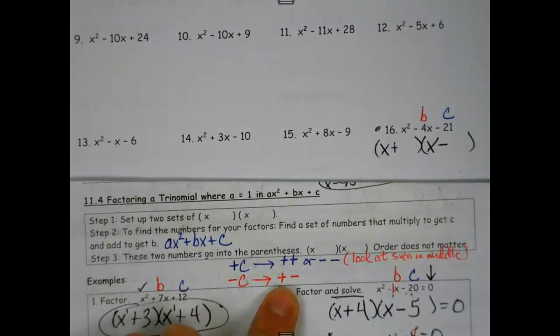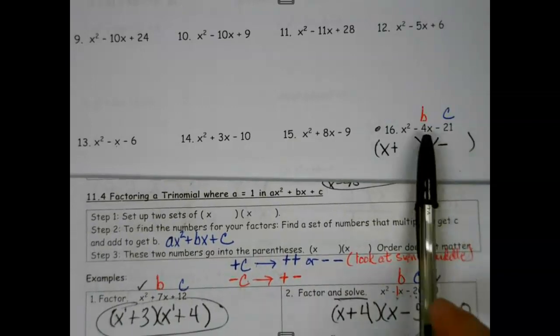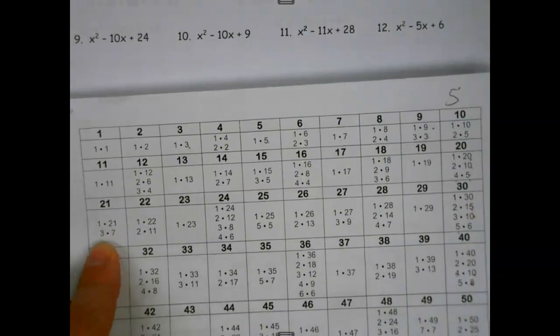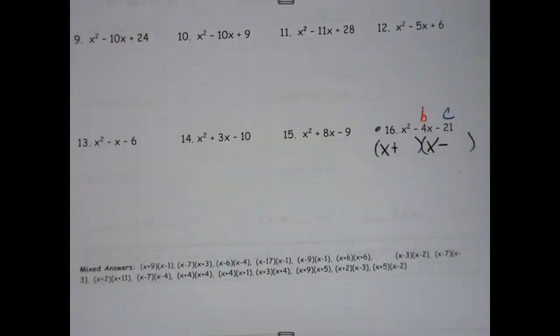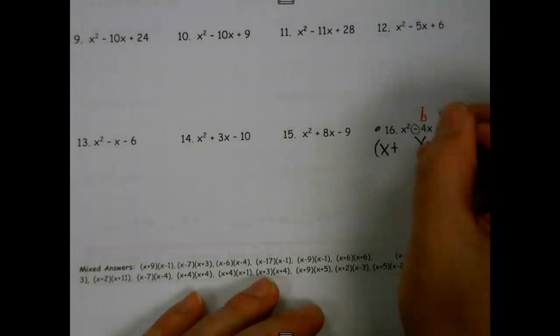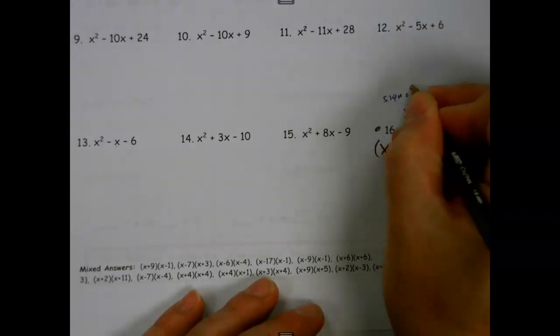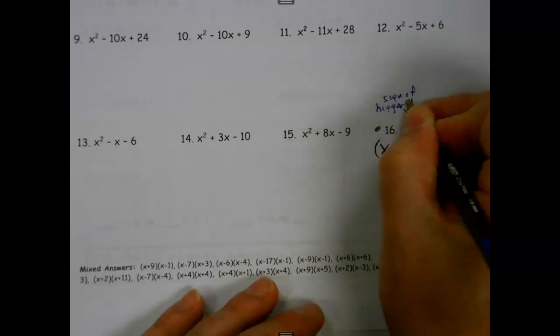So when that happens, and I go to look at my chart, I've got 21, and I have to get to 4. In this case, they're going to be 4 apart from each other, and 3 and 7 are. So I'm going to use 3 and 7. Does it matter where I put them? Yes, because this is always the sign of the bigger number.